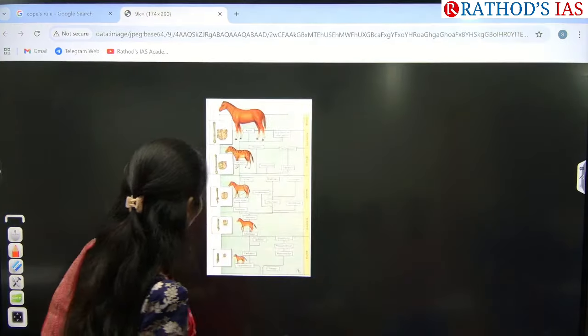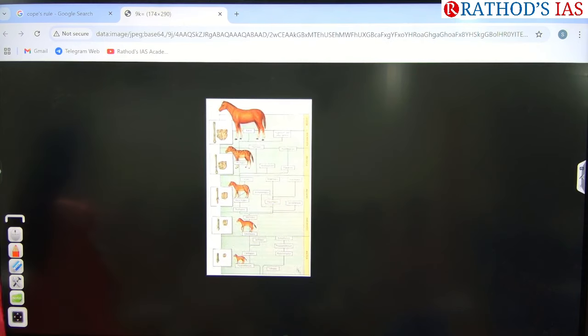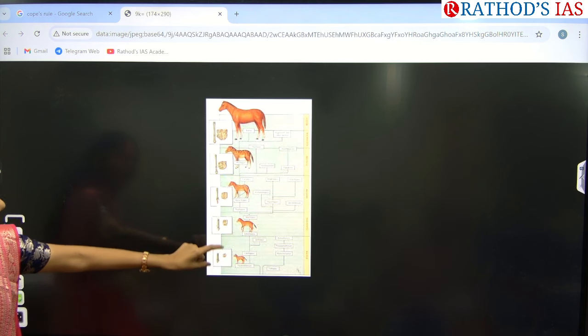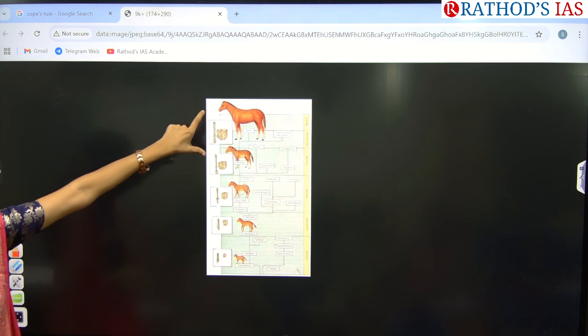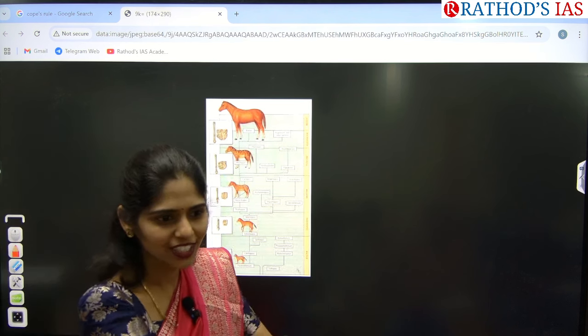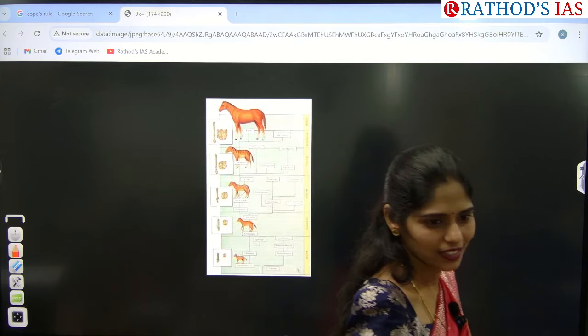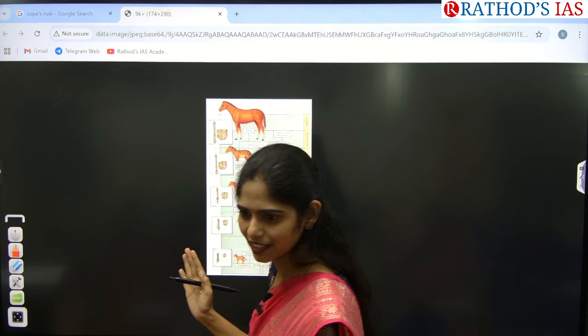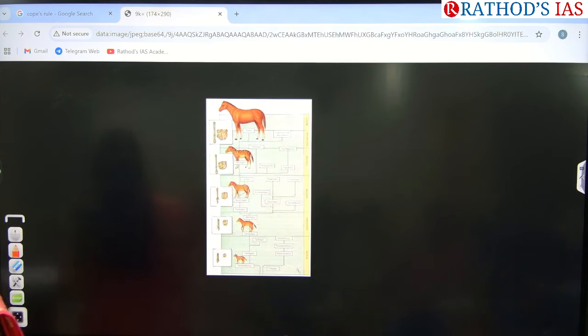See, the size of the horse is increasing. The first size is this much only, but if you see the last size, it is very huge. So Cope's rule says that during the process of evolution, the size of the animal increases, for example horse, giraffe. So this is about Cope's rule.